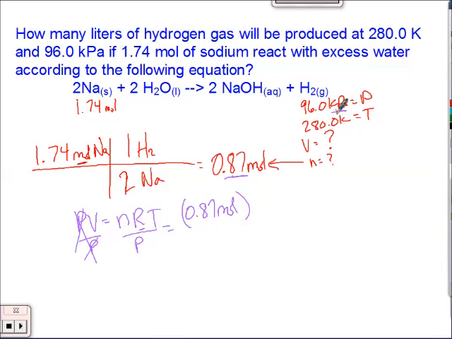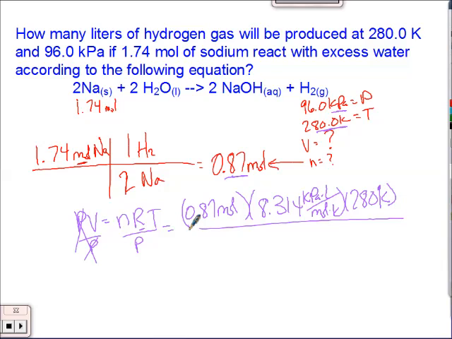I have it in kilopascals, so I'm going to use the 8.314 kPa·L/(mol·K). Temperature is 280, which I know from this. Okay. Divide it by pressure, right here, my 96.0 kPa.